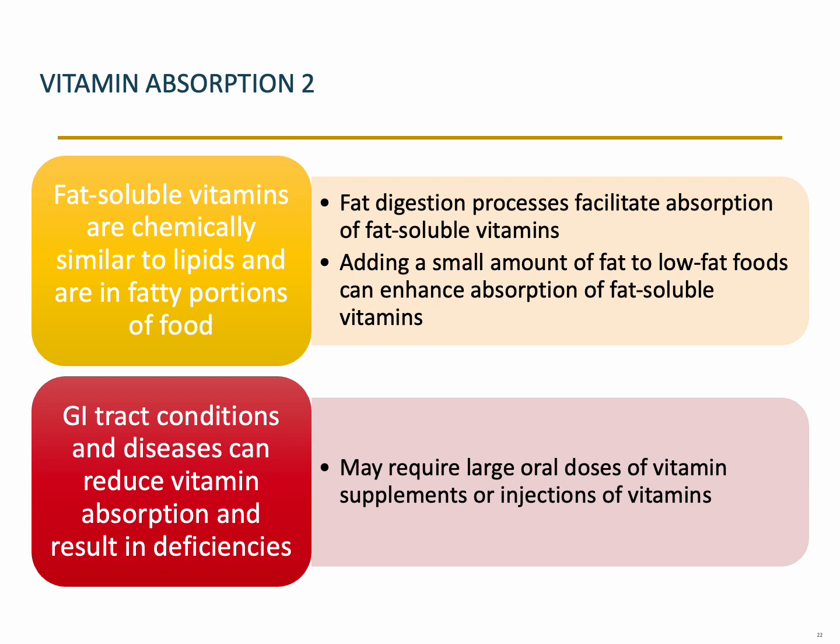So the fat-soluble vitamins, which we're focusing on today, we do need some fat in the diet in order to absorb those vitamins. That's usually not an issue in most well-balanced diets. If anything, the American diet tends to be pretty high in fat.